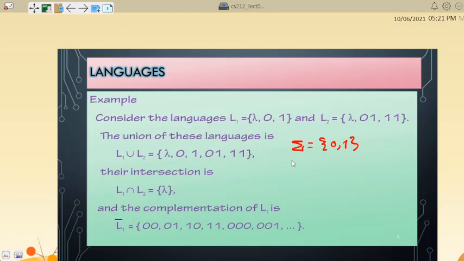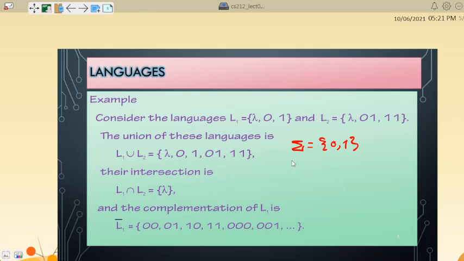That means it is equal to lambda, 0, 1, 0 0, 0 1, 1 0, 1 1, and then 0 0 0, 0 0 1, 0 1 0, and so on. So that is our sigma star.